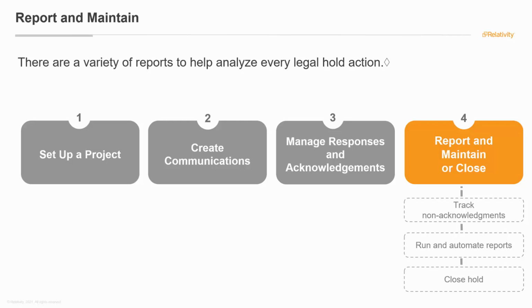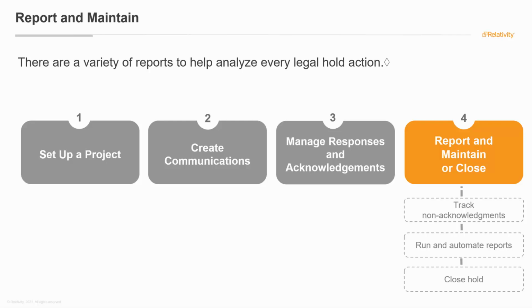Recall that in a manual process, you have to create your own reports, either in Excel or Word. But in Relativity Legal Hold, there's a variety of reporting options to help you analyze any legal hold actions, such as hold notice, response, confirmation, escalation, release, tracking non-acknowledgements, and you can generate these reports on the fly or schedule them to run on a recurring basis.